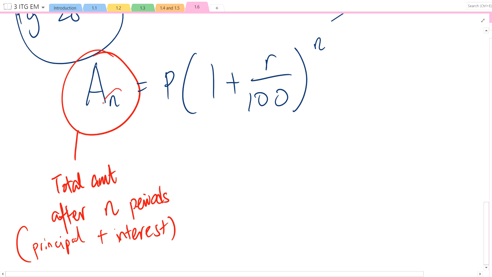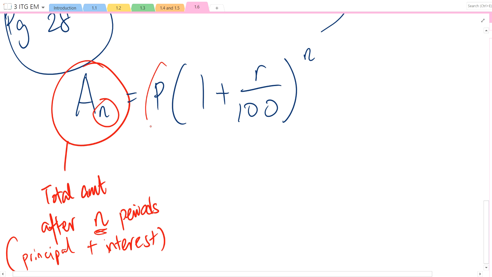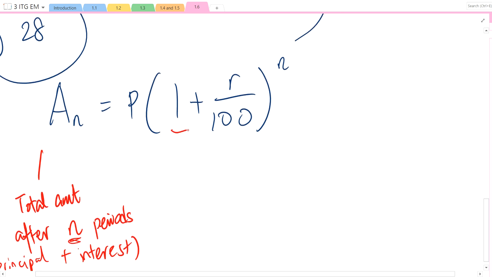This little n over here refers to the number of periods. Remember when I mentioned simple interest? There is also a letter n, right? It is referring to the same thing, number of periods. Now P over here is our principal, no change. The 1 is simply a constant.